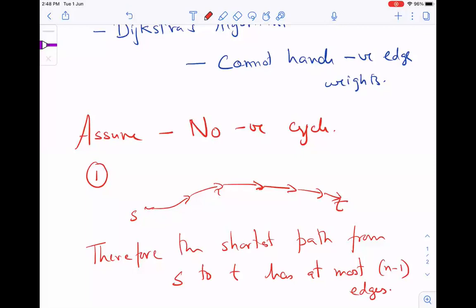Sorry, I'm making a mistake. Not n-1. Actually, yeah, n-1 edges. So at most n-1 number of edges, or V-1 if you want to call this one V. Sir, what is n? The number of vertices. Okay, number of vertices, number of edges. Good.